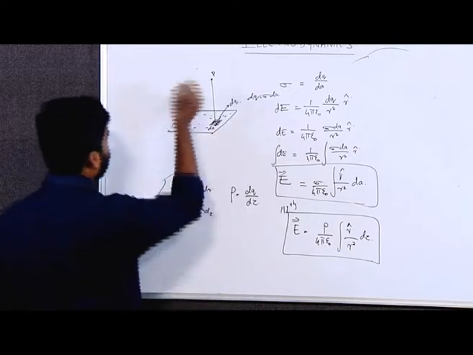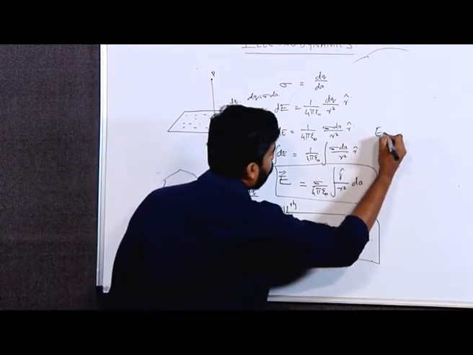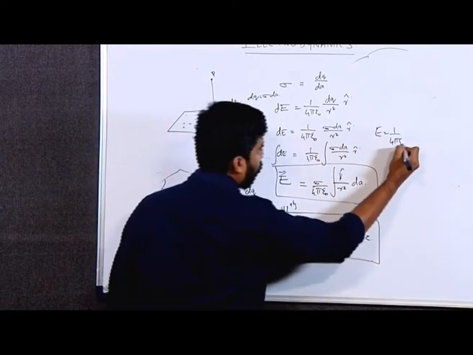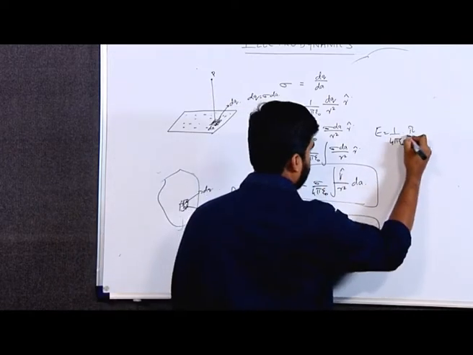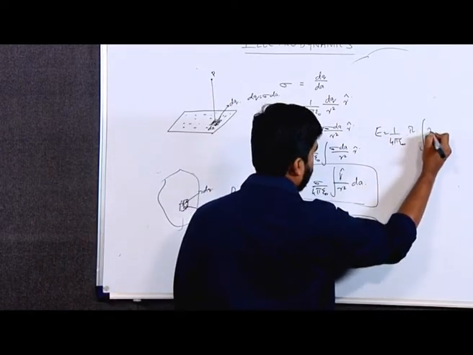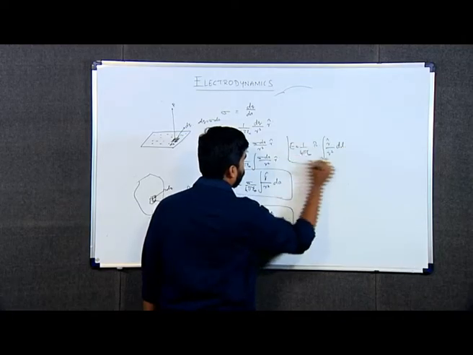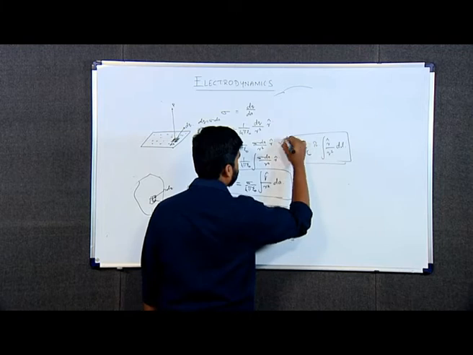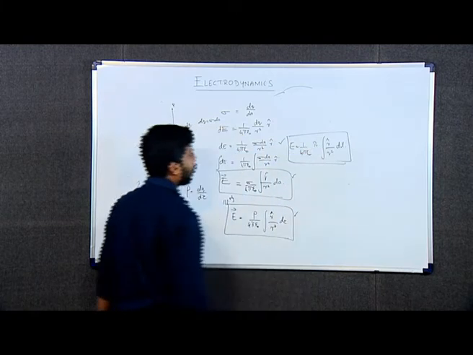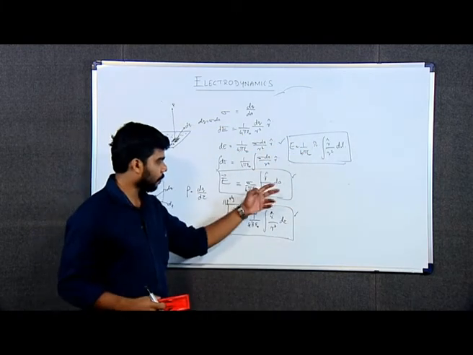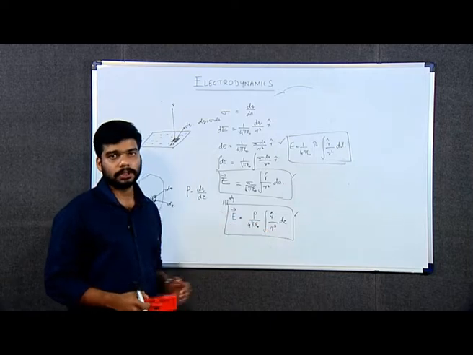And one more equation we have, E is equal to 1 by 4 pi epsilon 0 lambda into integral r cap by r square into dl. This is the equation for linear charge distribution. These are the equations corresponding to linear charge, surface charge and the volume charge distribution.